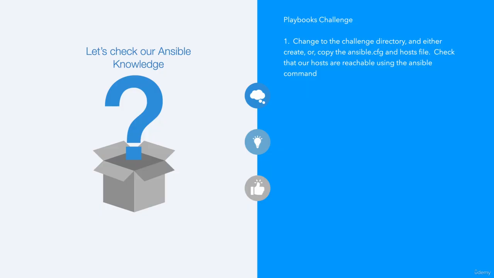Firstly, go to the challenge directory, so back one directory and into challenge. You either want to create or copy the existing ansible.cfg file and our inventory from a previous revision. Once you have that, check that Ansible can ping your hosts as expected.